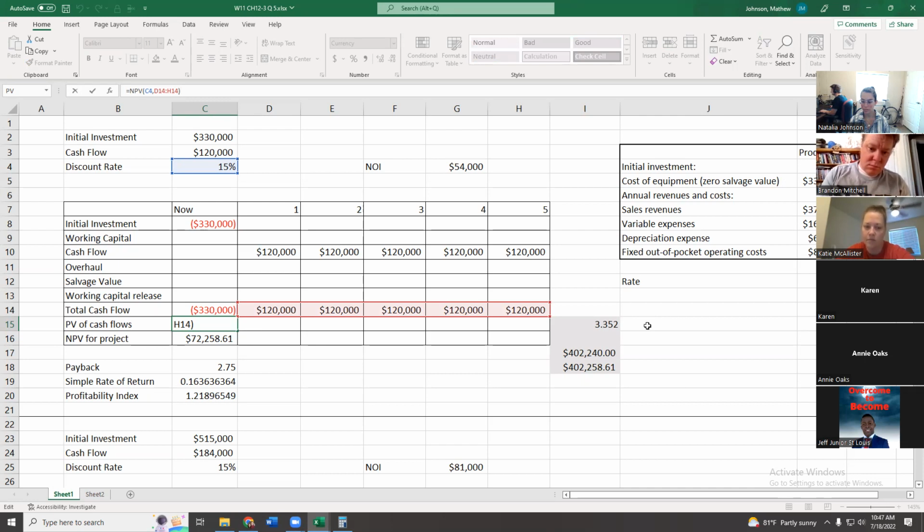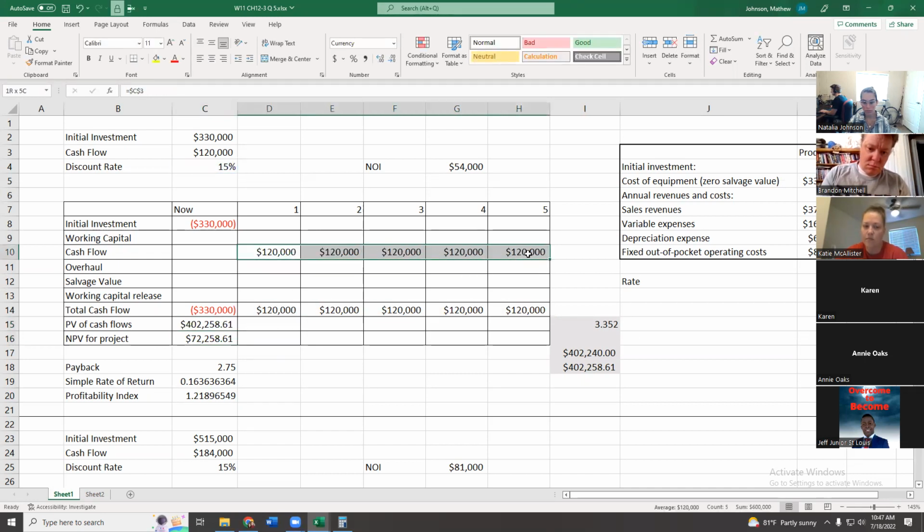So we just take the net operating income before we do the net present value for the operating income. Yeah, we add depreciation to it to get the cash flow. Yeah, you have to do that first because you need to find cash flow first to find these present values.